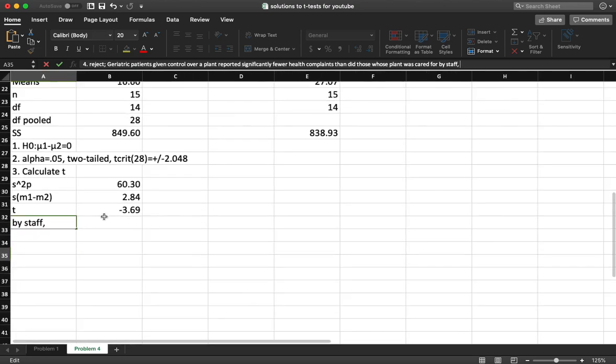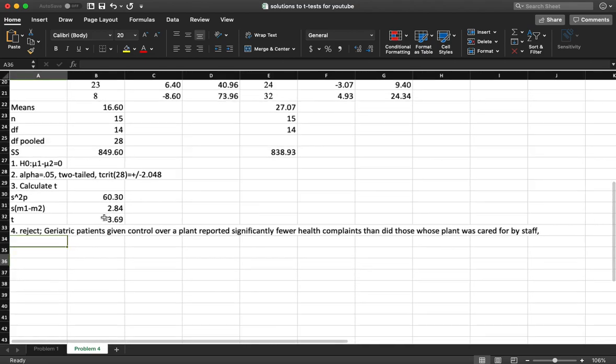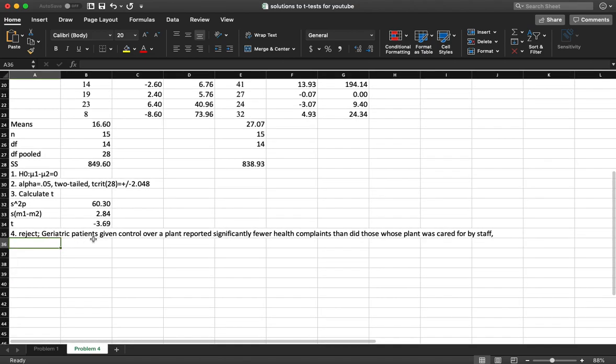I'm going to press return so that you guys can look at what we've got so far. Geriatric patients given control over plant, that's one level of the independent variable, reported significantly fewer health complaints, so I've got significant and the dependent variable, than did those whose plant was cared for by staff. That's the other level of the independent variable. They're different people, so the experimental design is implicit there as well.